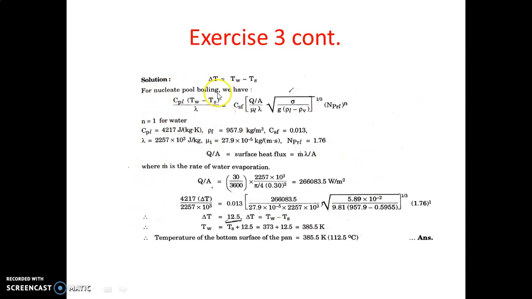This is the formula for the calculation of the surface temperature, and it is useful for nucleate pool boiling.